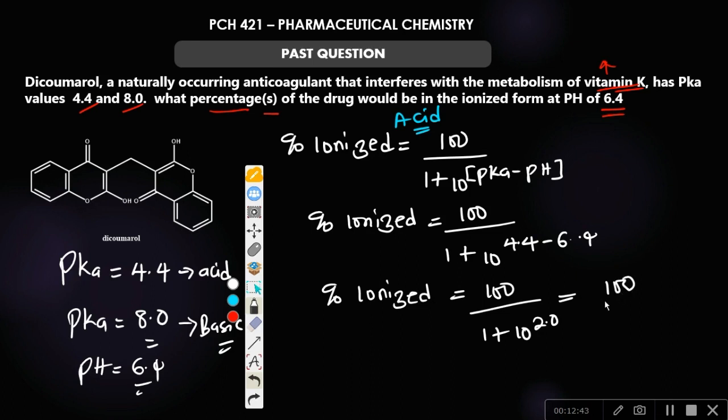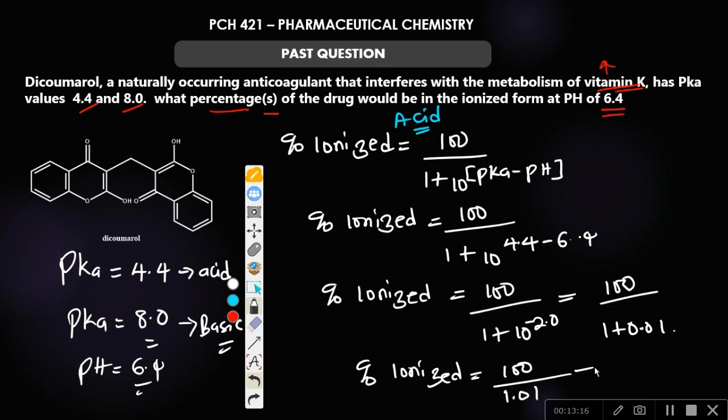Minus 2.0. 10 raised to the power of minus 2 will give us 0.01. 0.01 plus 1 is 1.01. So percentage ionized will be 100 divided by 1.01.